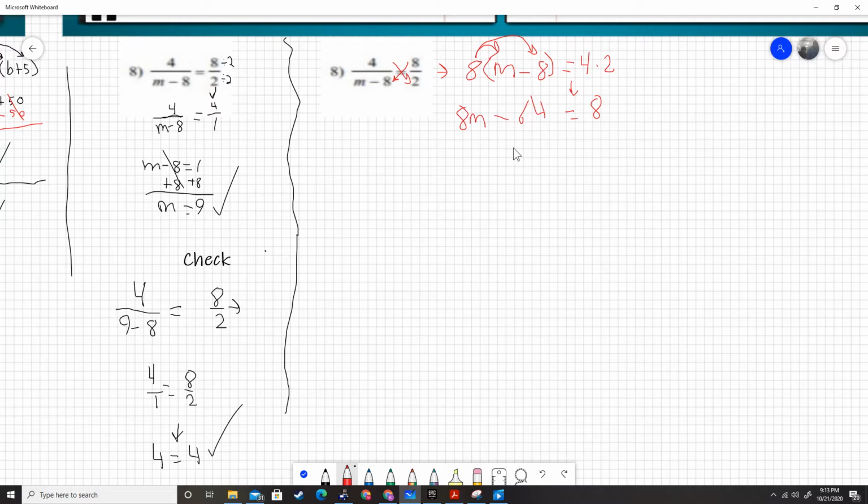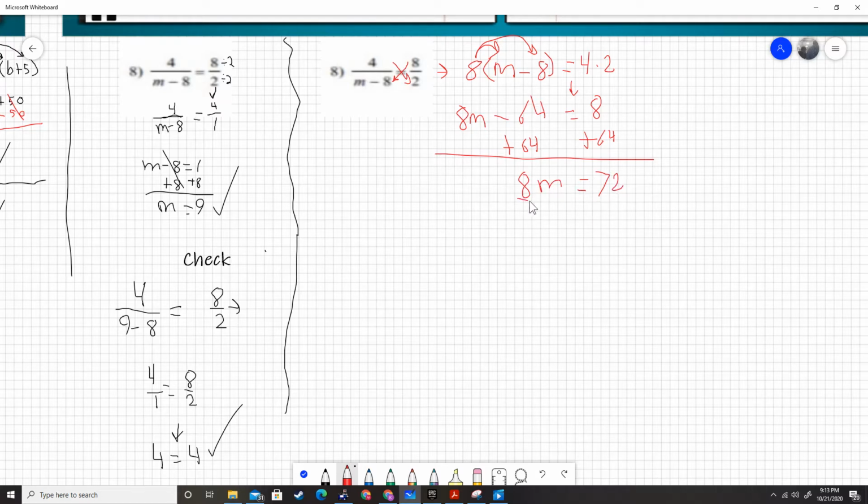The opposite of subtracting will be adding 64. So if I add 64 to the other side, that ends up giving me a 72. And I got 8m on my other side here. So I got 8m equals 72.